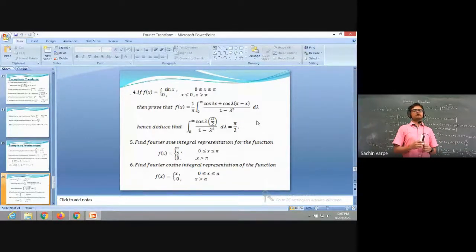Hello. What is the integration of odd function in two-sided interval? Am I audible? Hello?